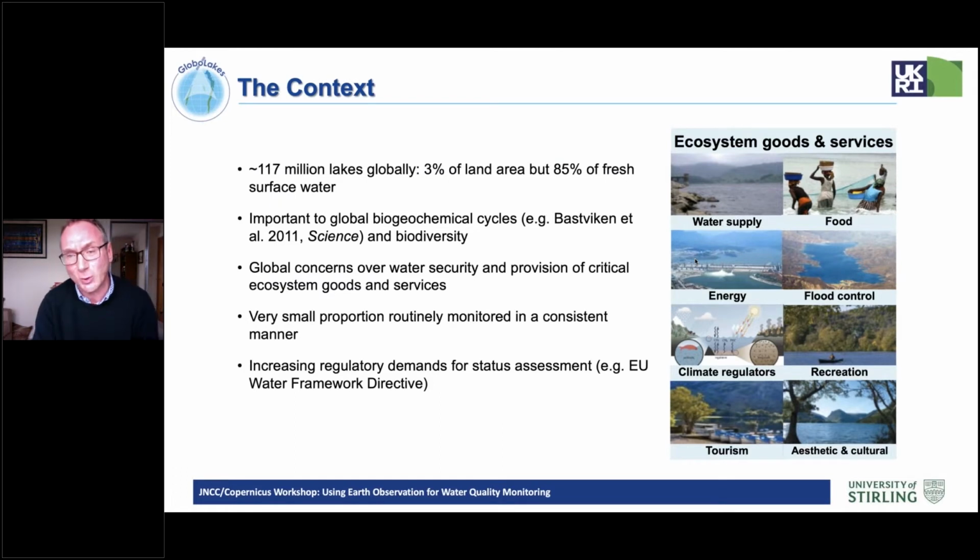So just very quickly, by way of a quick introduction to give you the context, I'm sure we all appreciate that our inland waters give us fundamental ecosystem services to help us to function. But the increasing demands on those ecosystem services are coming under increasing conflict. Those conflicts result in deteriorations, for example, in water quality in many cases.